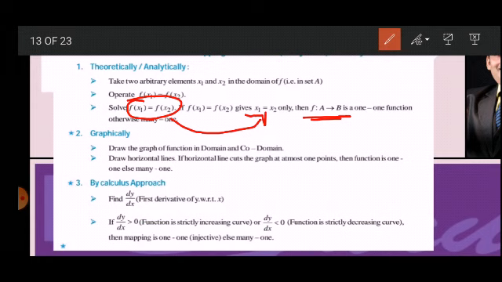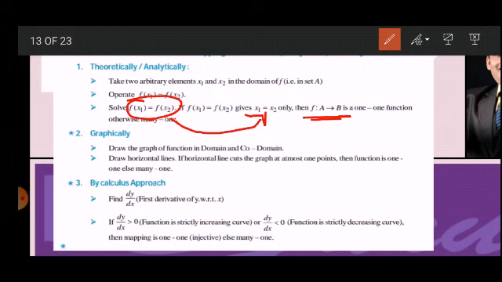This is basically a theoretical approach, because every element in the domain set has one image, and every element in the codomain set has only one unique pre-image, no more than one pre-image.